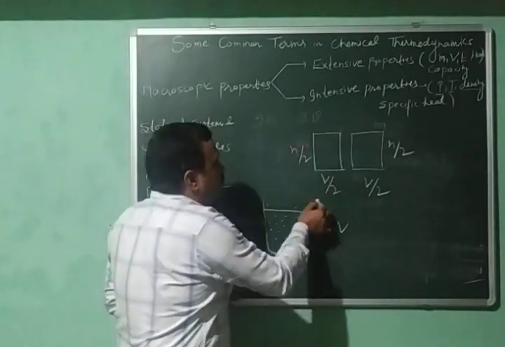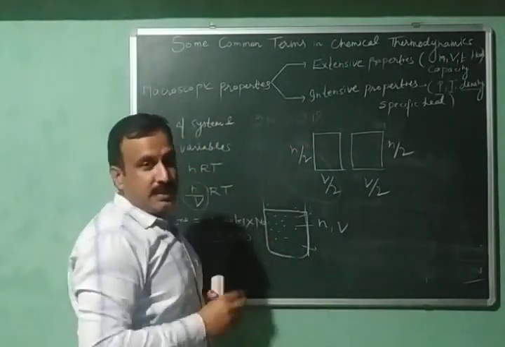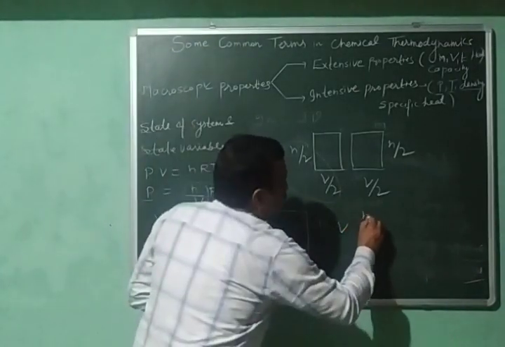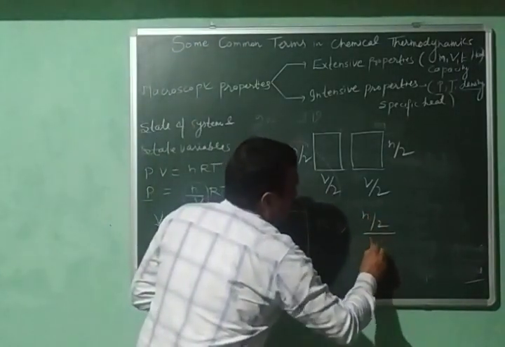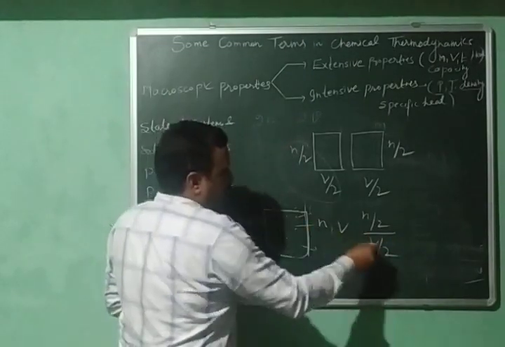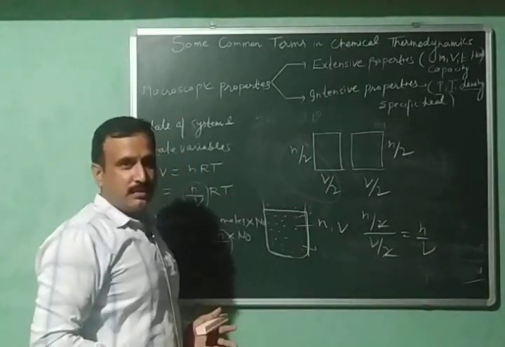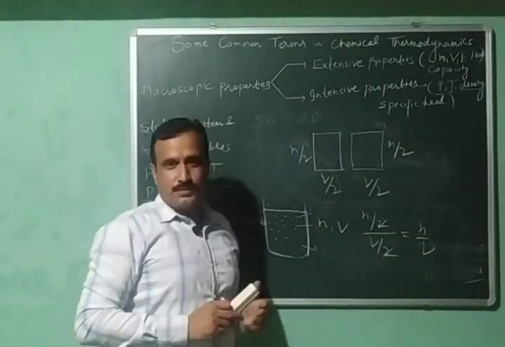So what will be the molar density, that is the number of moles per liter? It will be equal to n by 2 divided by V by 2, and it is again equal to n upon V, and this is the case here also.